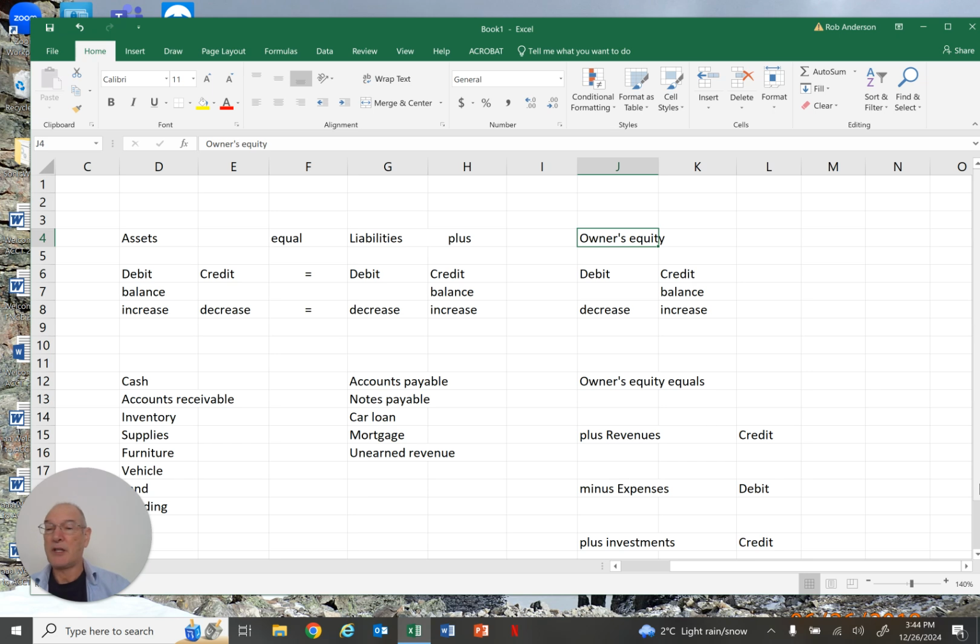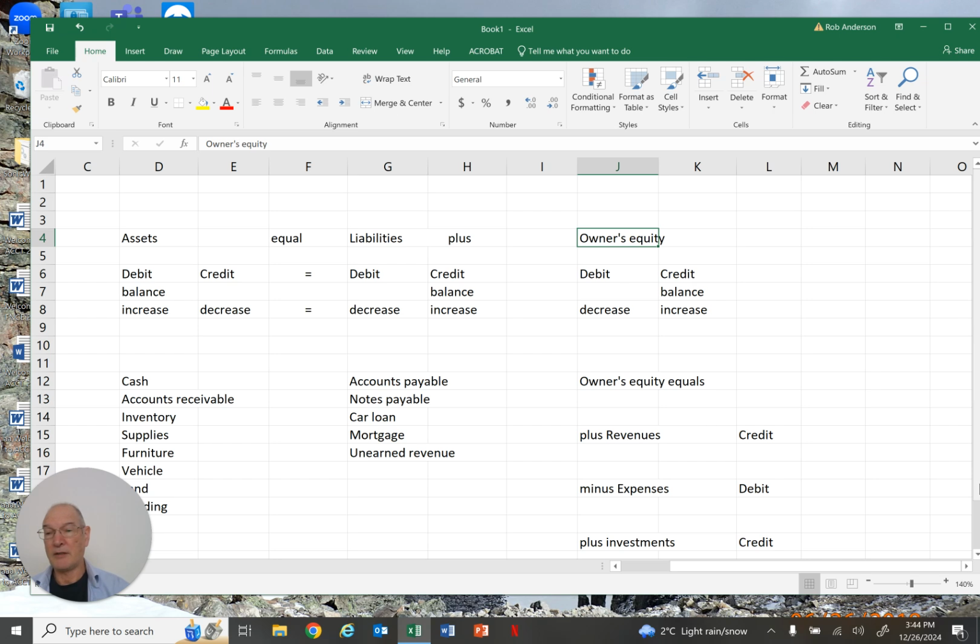However, we have to keep track of this in business. And keeping track of it means we're using the double entry bookkeeping system. You might see it referred to as the double entry accounting system. Double entry means every time there is a transaction that does affect an asset, a liability, or an owner's equity account, we will have two or more accounts affected by that transaction.